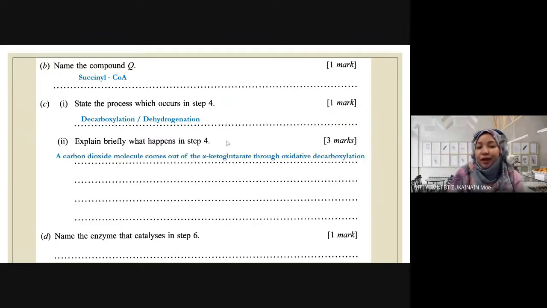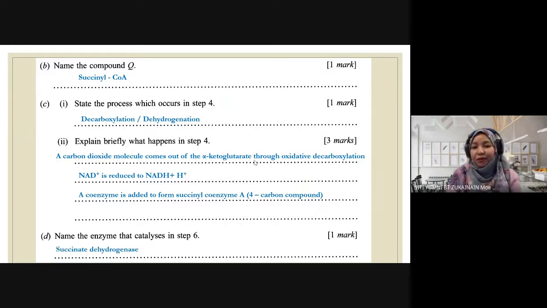In step 4, to become succinyl CoA, a carbon dioxide molecule comes out of the alpha ketoglutarate through oxidative decarboxylation. NAD plus is reduced to NADH plus H plus. A coenzyme is added to form succinyl coenzyme A, which is a 4-carbon compound. So 3 marks for this question.